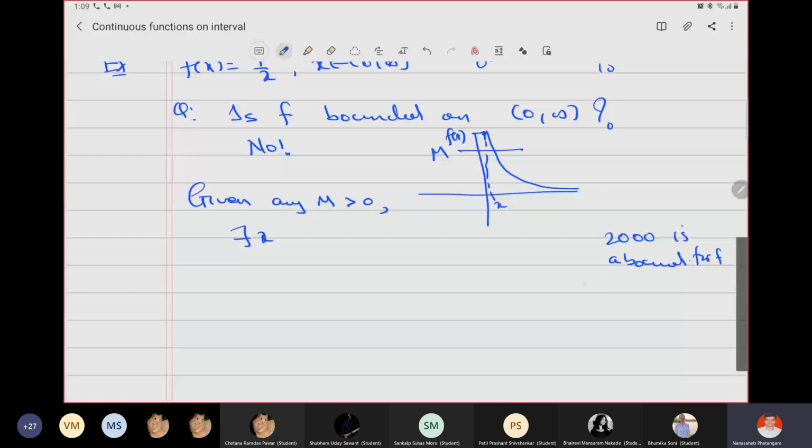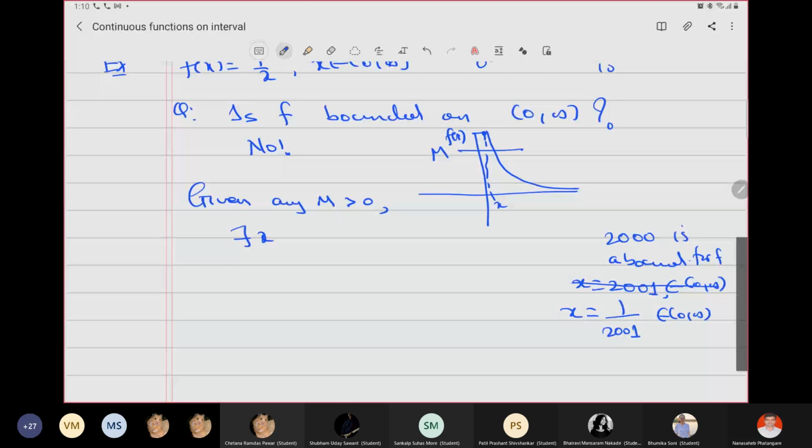Because I can take x is equal to 2001, which is in the domain, right? Not 2001, what I want, I will take x is equal to 1 upon 2001, which is in the domain.